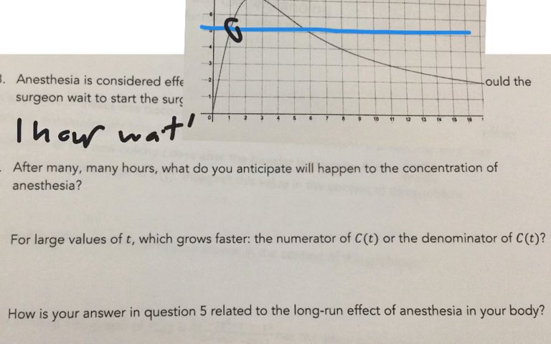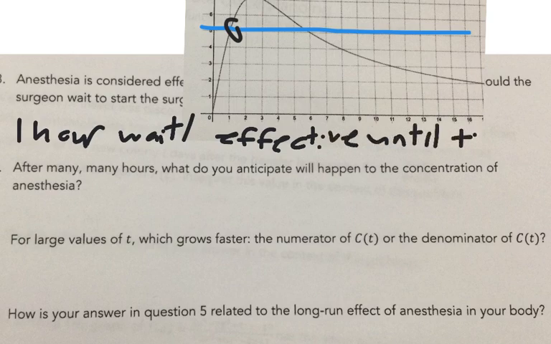And then how long should the surgeon, or how many hours is the anesthesia effective for? 5 hours. That's correct. So that's kind of a little bit of a trick, right? They should wait 1 hour, and then it's effective until t equals 6. So you could subtract those from 6 to 1.